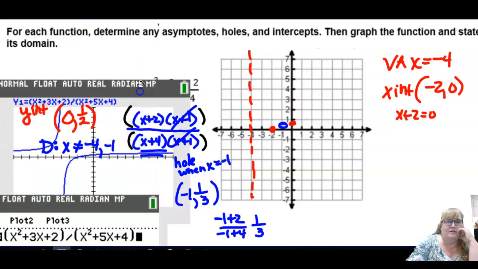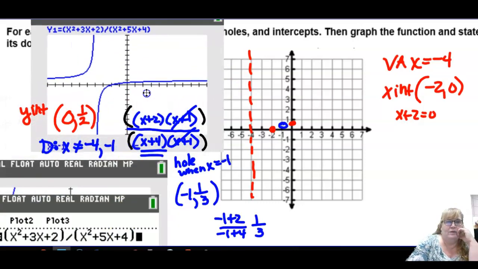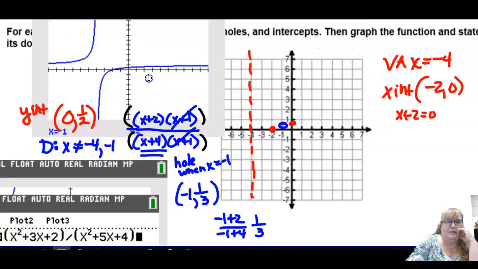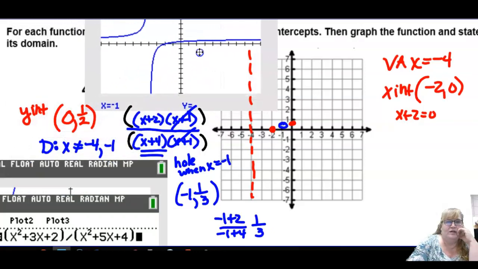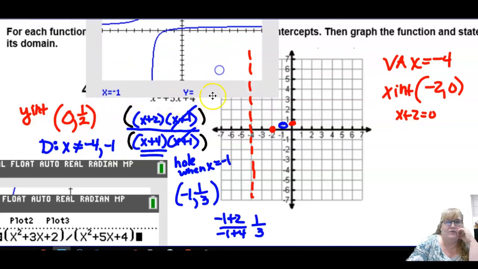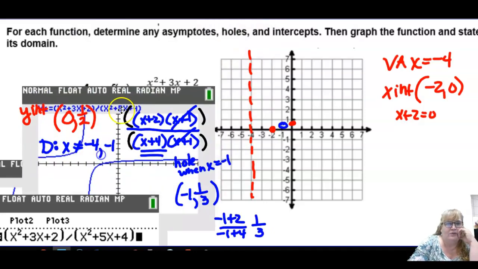This is what I got. And I did check. I put in a -1. And it came up undefined over here. Do you see this? There's nothing there. It's very hard to see the hole on this window because of the pixels, but -1 has no value.